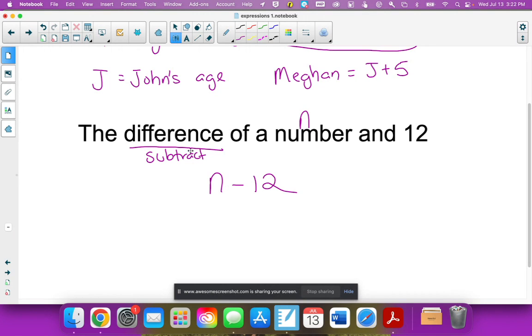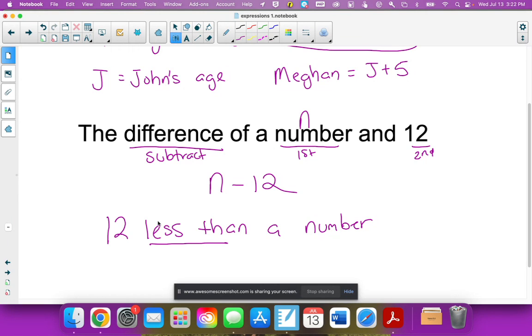When it's phrased this way, then this is always going to be your first number, and this one is always going to be your second number. There are ways to write it the other way around. If I said 12 less than a number, okay, I'm still subtracting because I have less than, but this is the exact same expression.